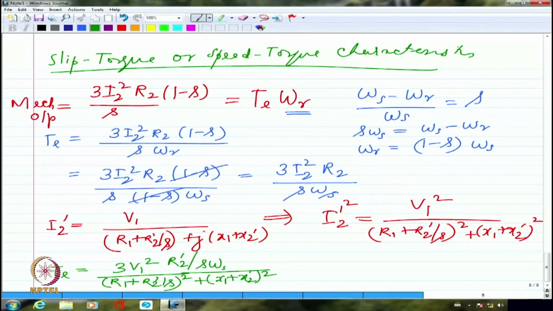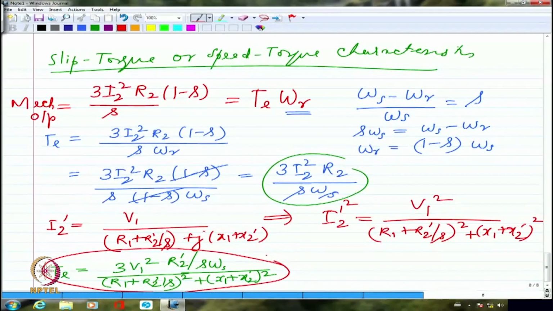When I neglect the no load current, this is the expression for torque, which is again a pretty important expression in an induction motor. This is one of the most important expressions. So there are some important expressions. One of them is here, the other one is here. So these two are quite important as far as the induction motor is concerned.